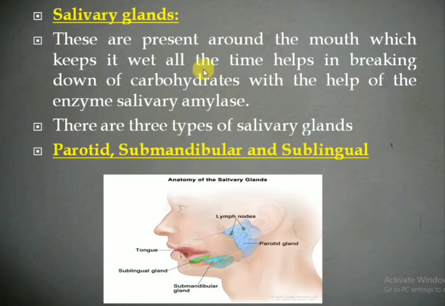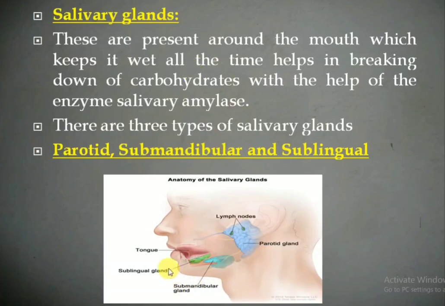Next we will see salivary glands. These are of three types: parotid gland, submandibular gland, and sublingual gland. They are located around the mouth. You can see here the face and the mouth. What these three glands do is keep our mouth wet all the time.